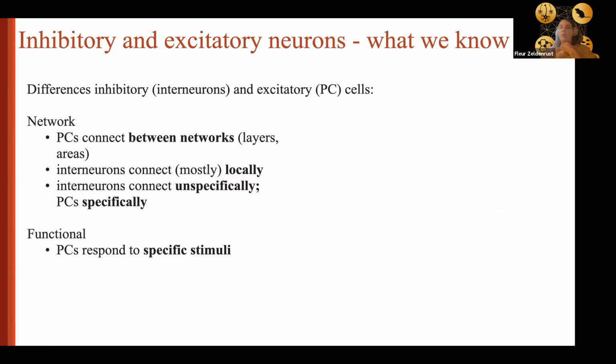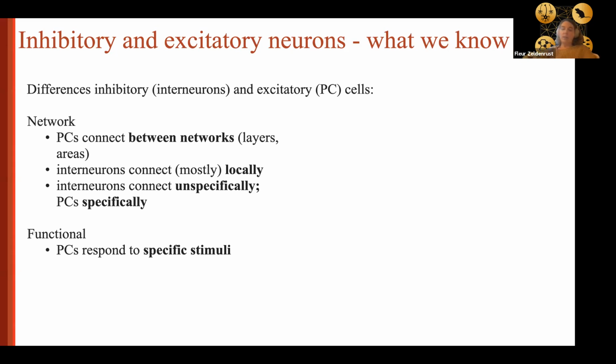These excitatory neurons, or principal cells, as we call them, connect mostly between different networks in the brain, so from layer to layer, or from thalamus to cortex, whereas interneurons connect more locally within a network. Also, interneurons connect to basically all neurons in their surroundings, whereas principal cells tend to connect more specifically to neurons with certain properties that respond to certain types of input.